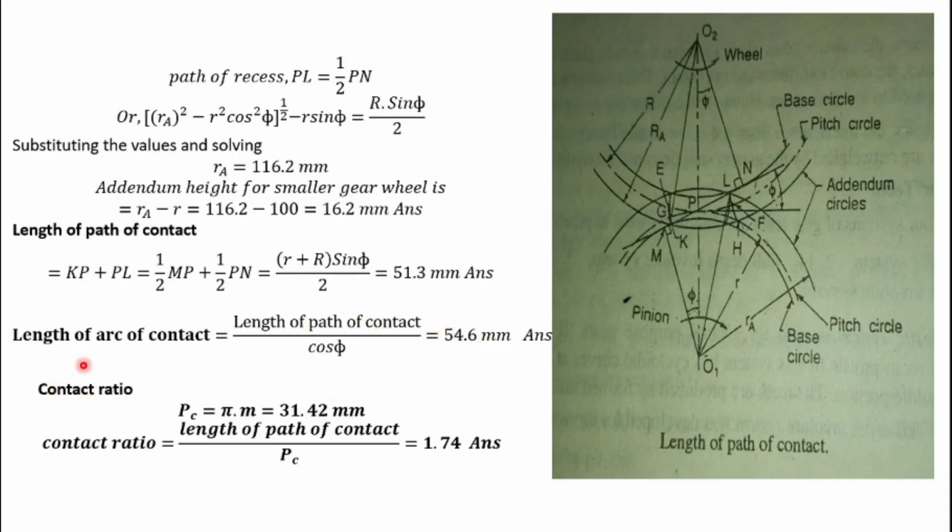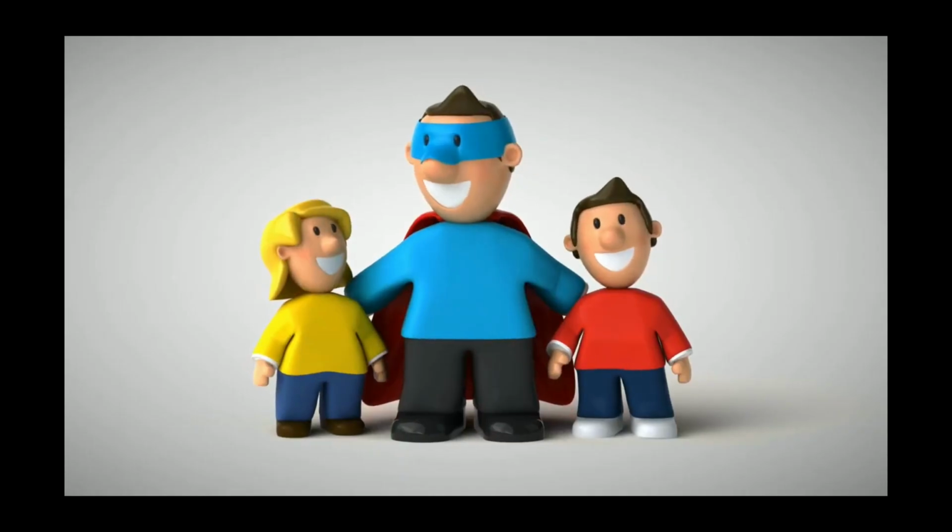The contact ratio is the length of arc of contact divided by the circular pitch PC, and PC is equal to pi m. So substituting this value, we can get the value of the contact ratio, and this comes to be like this. And this is the solution for this numerical. Thank you.